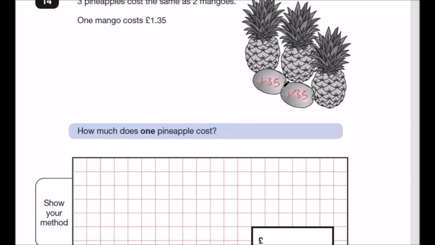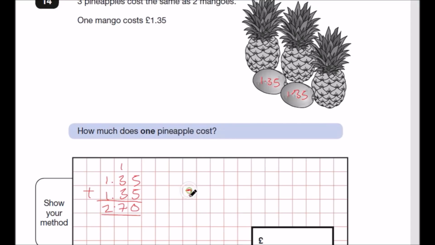So adding up the 2 mangoes, £1.35 plus £1.35, you should get, well, 5 and 5 makes 10, carry the 1. Let me just do a line here actually. 1 plus 3 plus 3 gives you 7, and 1 add 1 is 2, so £2.70.